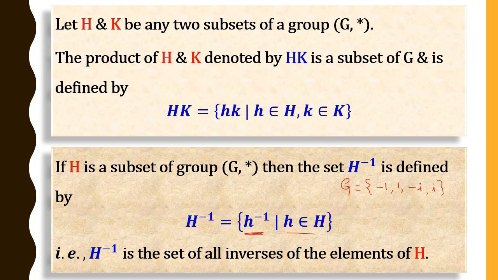We know that this is a group under multiplication. Let H equal {-1, 1}. Then what is H inverse? It is the set of all inverses of elements of H. The inverse of -1 is -1 itself, and the inverse of 1 is 1. Therefore, this is the set H inverse, which is nothing but the set of all inverses of the elements of H.